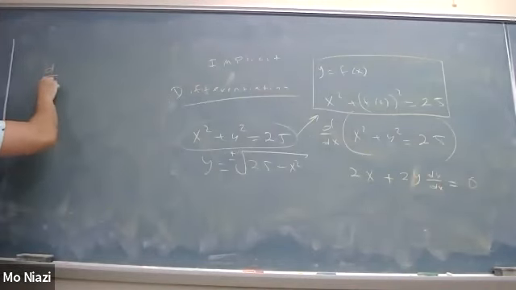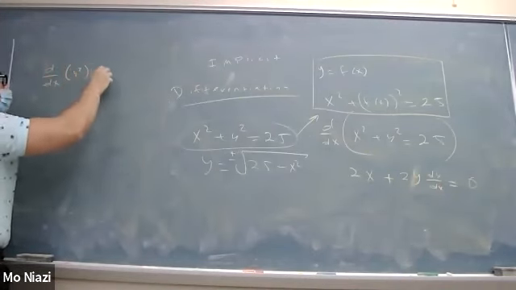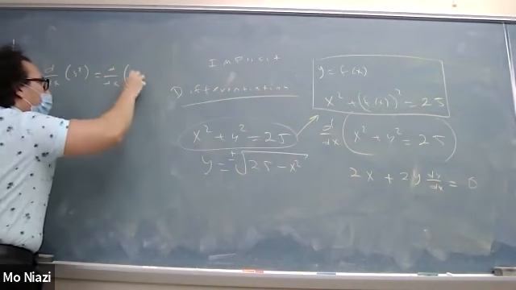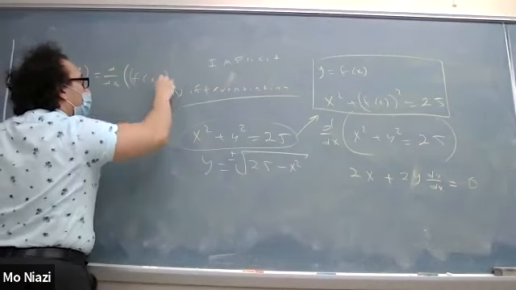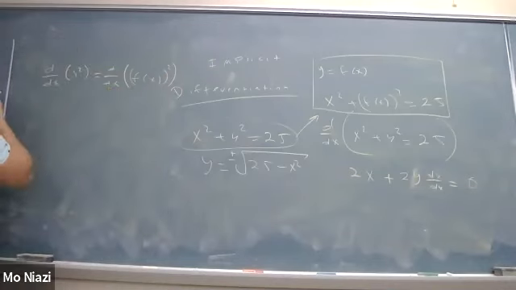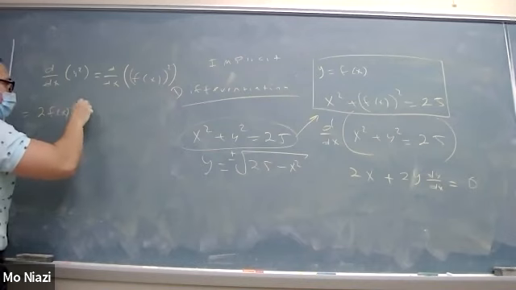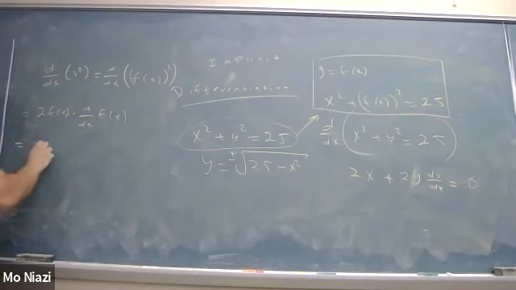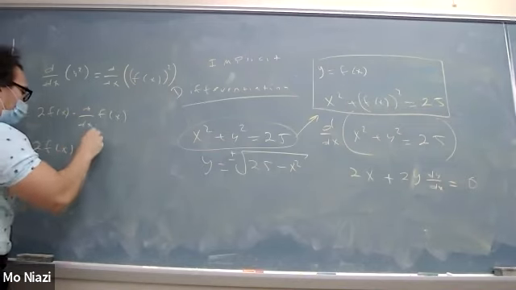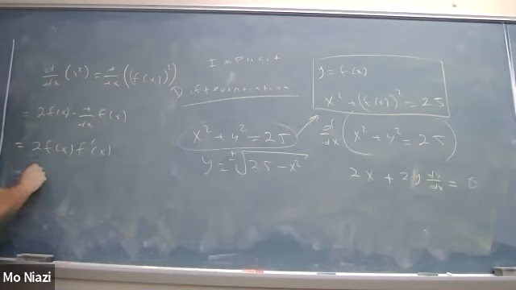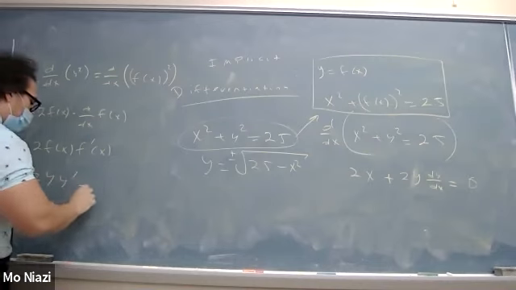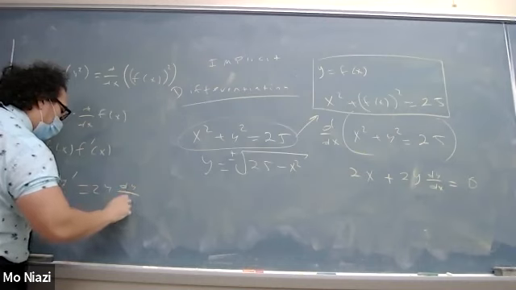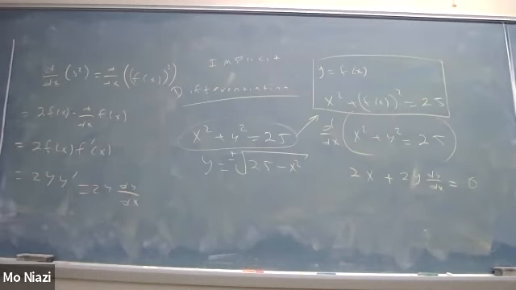What I'm saying is d dx of y squared is the same thing as d dx of my f of x quantity squared. Notice that that's very simply 2 f of x times d dx of f of x, by the chain rule. So this becomes 2 f of x, f prime of x. But this is the same thing as 2y, y prime, which is 2y dy dx. That's why you do that weird stuff.